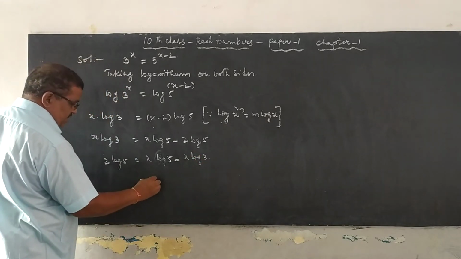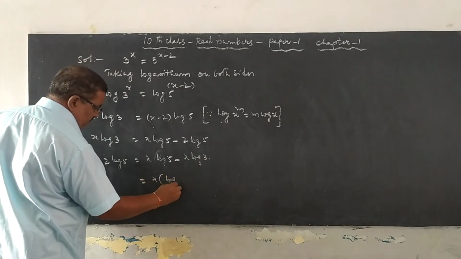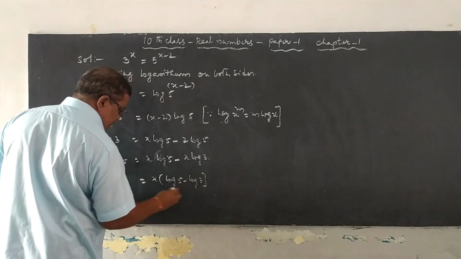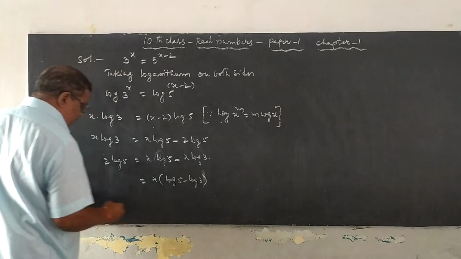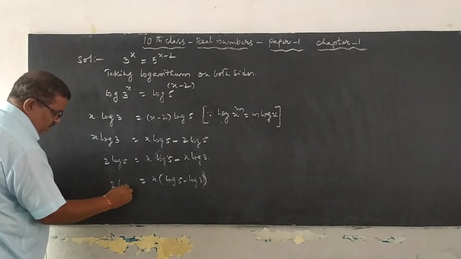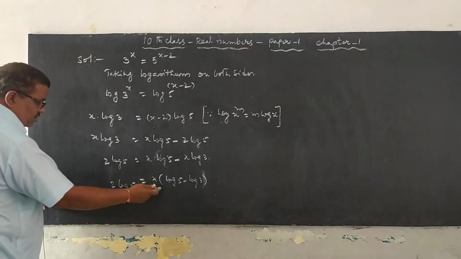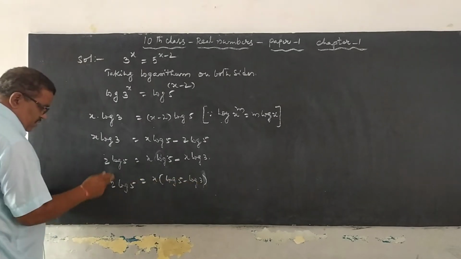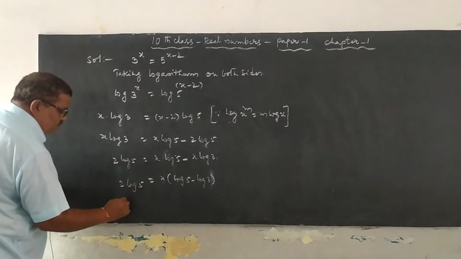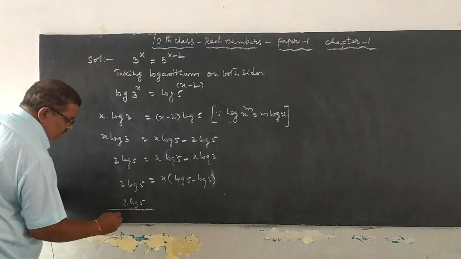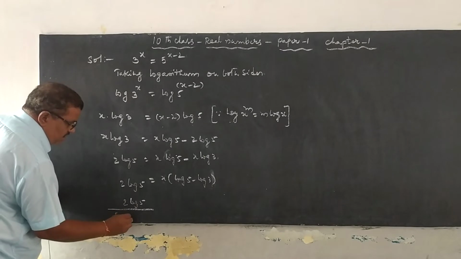Here take x as the common factor, log 5 minus log 3. Now, that is 2 log 5 is equal to x into (log 5 minus log 3). Therefore, x is equal to, transposing this entire one, 2 log 5 by log 5 minus log 3.